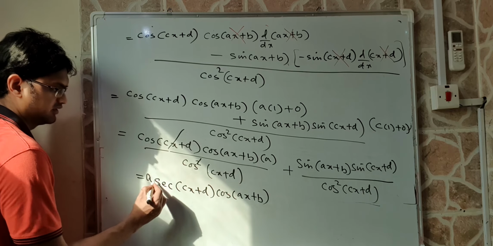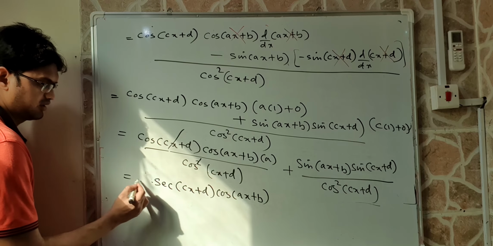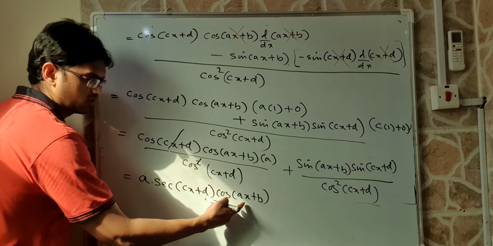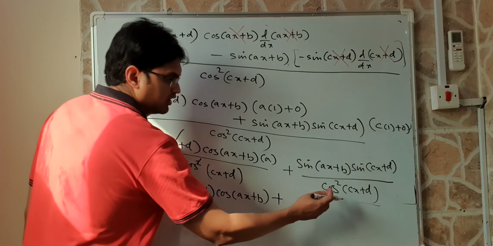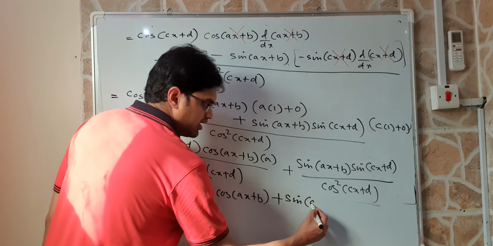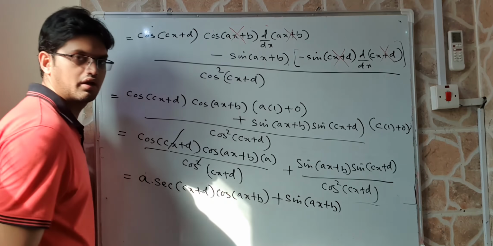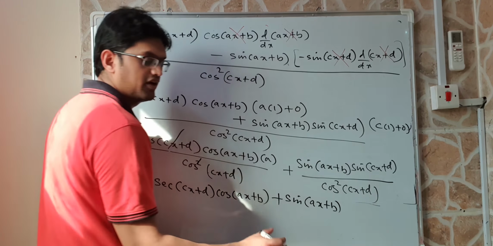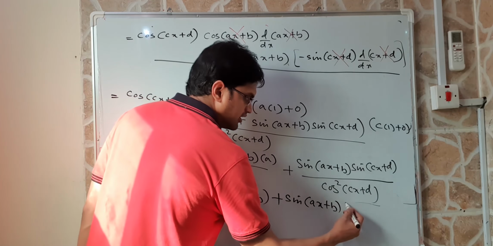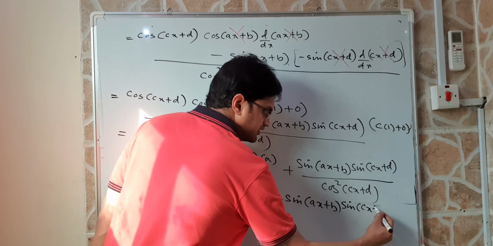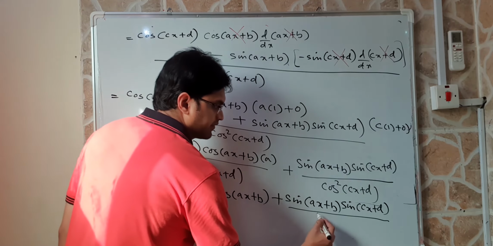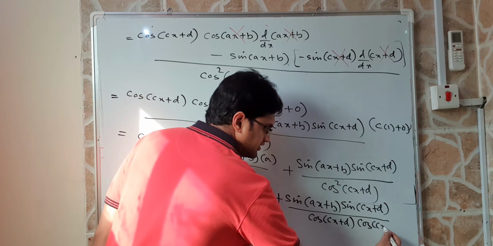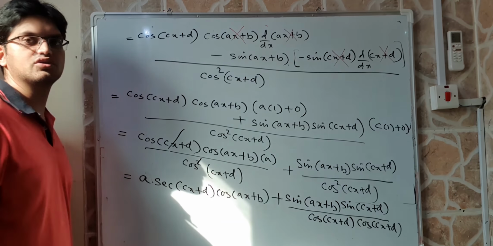I'll write here first: a into sec of cx plus d into cos of ax plus b, plus, you see, sin of ax plus b, sin of cx plus d by cos of cx plus d and cos of cx plus d. I have split that into two parts.